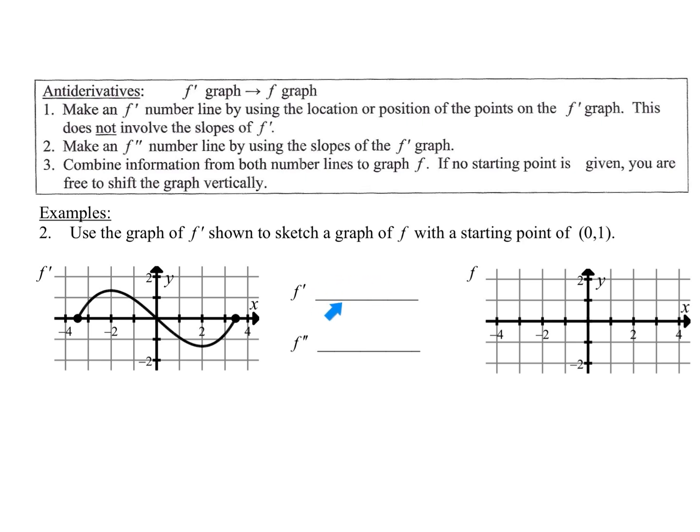So, a couple things to think about. When I create my number line for the first derivative, what is the critical value? What is the critical value that I can get from here? Where does the sign change for the first derivative?